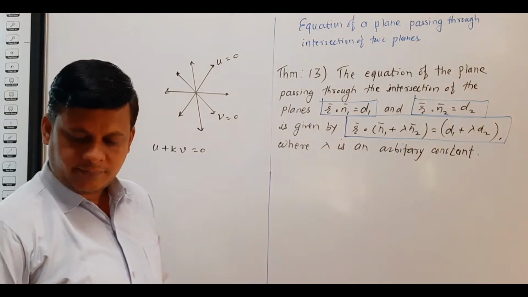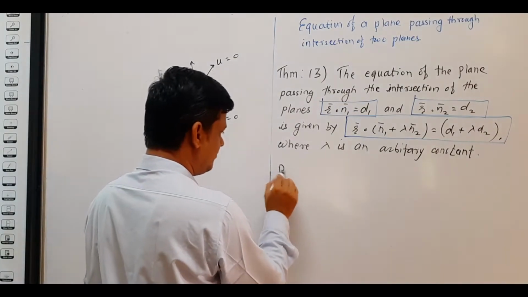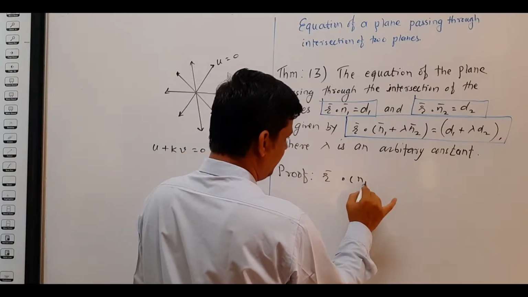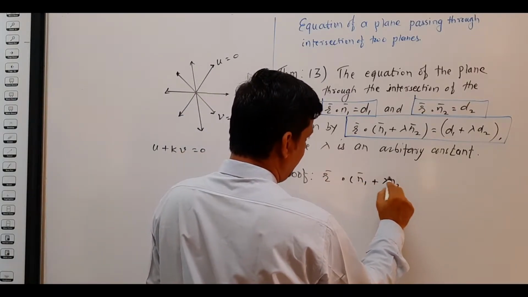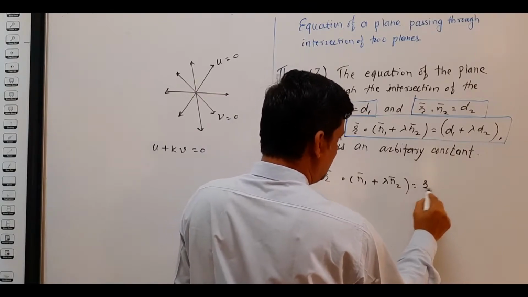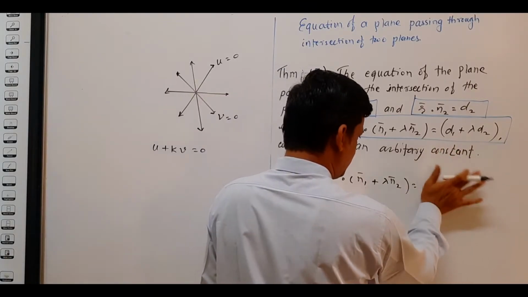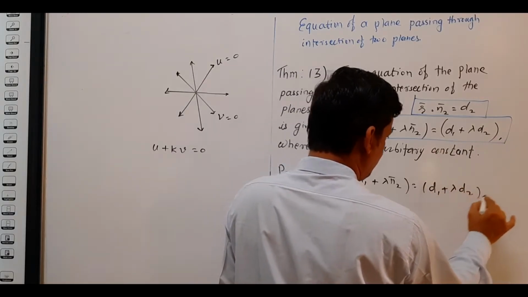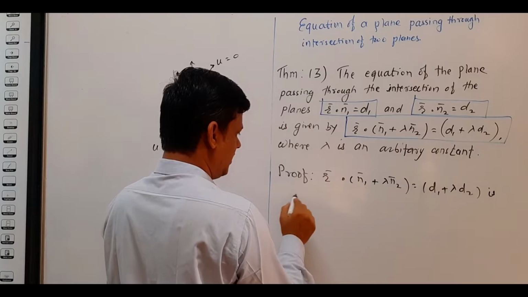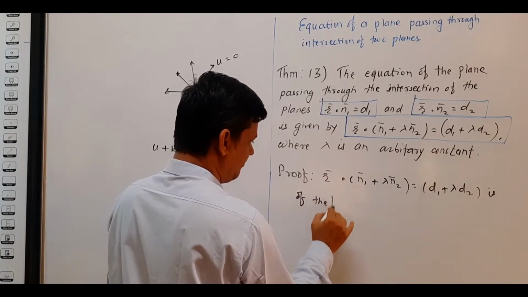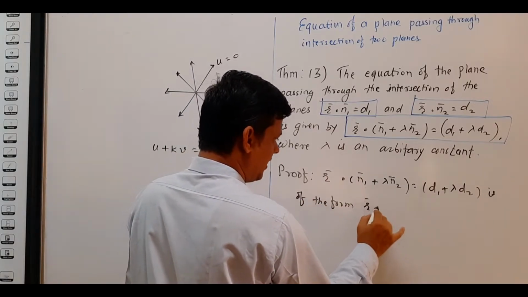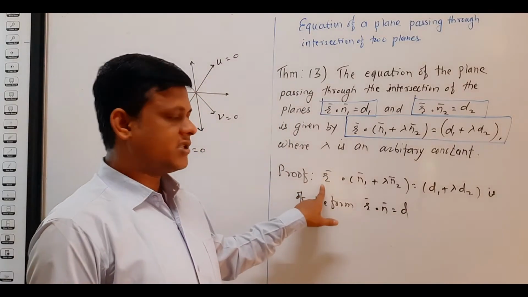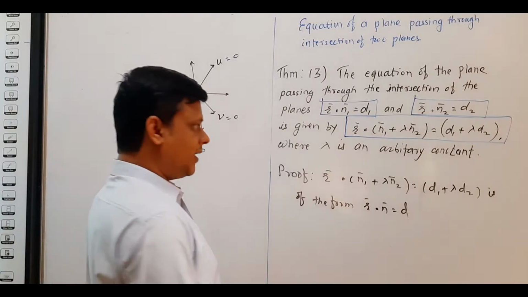So we write in proof as r bar dot n1 bar plus lambda into n2 bar is equals to d1 plus lambda into d2 is of the form r bar dot n bar is equal to d. That means this equation represents the equation of a plane.